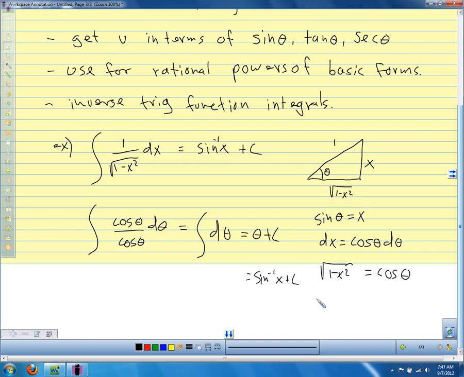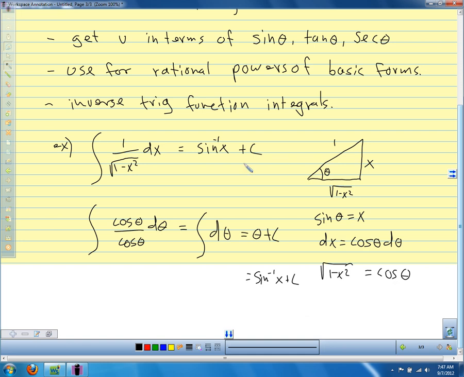So if you don't remember that this is the inverse sine, you can always use trig substitution to find your integral in terms of your inverse function. So again, it helps you avoid memorizing formulas.